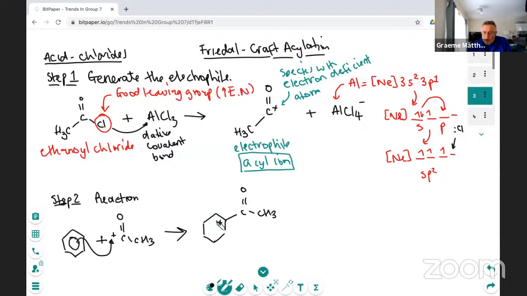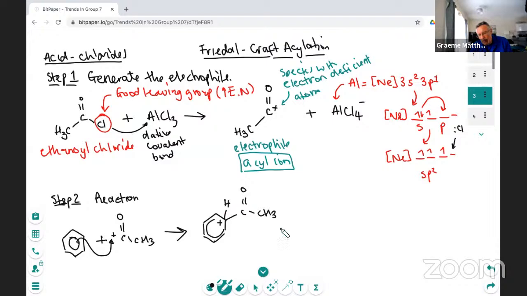Now, you've broken the ring system, so you can't draw the ring complete like this. So it's kind of looking like this. And I'm going to put a hydrogen right here. Now, yes, there are hydrogens coming off the carbons going around, but what I wanted to do is emphasize this hydrogen here.